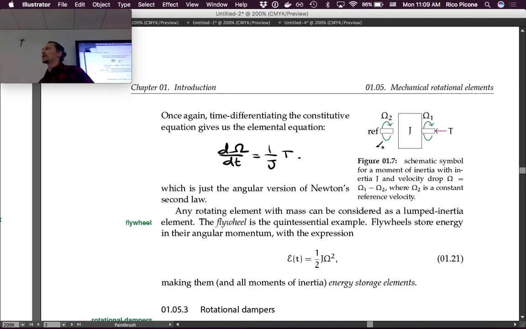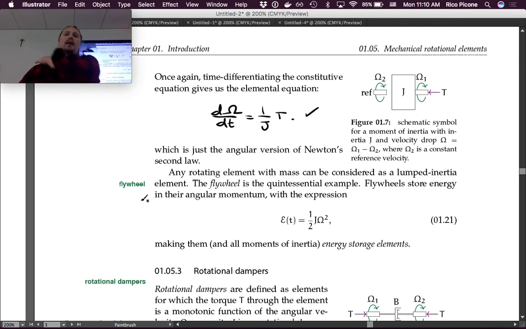It has to be an inertial reference frame, because this is just Newton's second law for rotational systems. That's the torque is equal to the moment of inertia times the angular acceleration. You guys probably saw this as T equals J alpha back in dynamics class, but we don't use alpha because we want to write it in terms of omega.